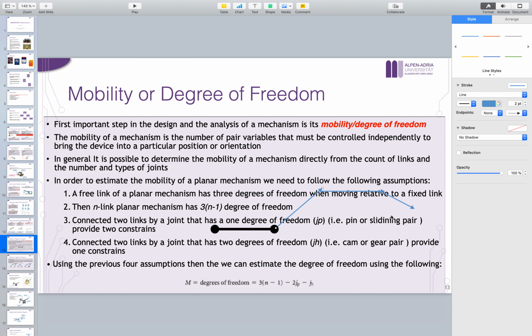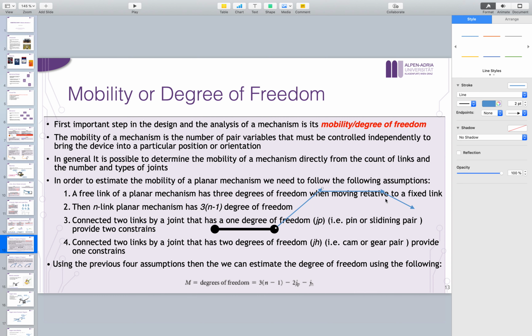And regarding the J_H here, which is the 2 degrees of freedom joints, it is multiplied by 1 because we constrain only 1, right? And we keep 2 because it has 2 degrees of freedom. And this is basically the formula. So in this case it will be 9 minus 2 multiplied by 3, right?